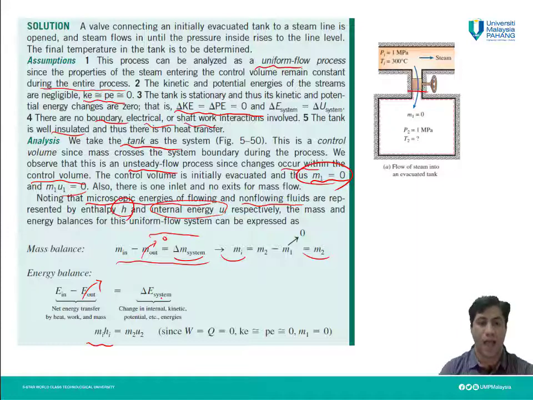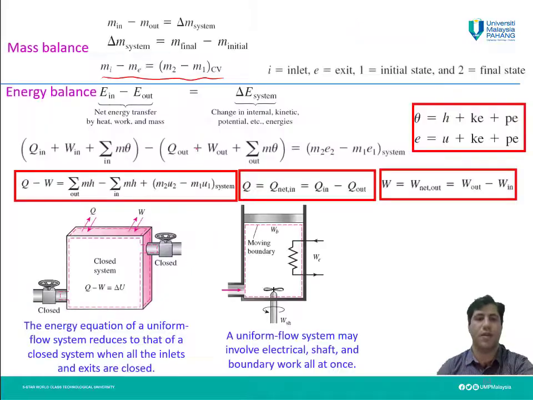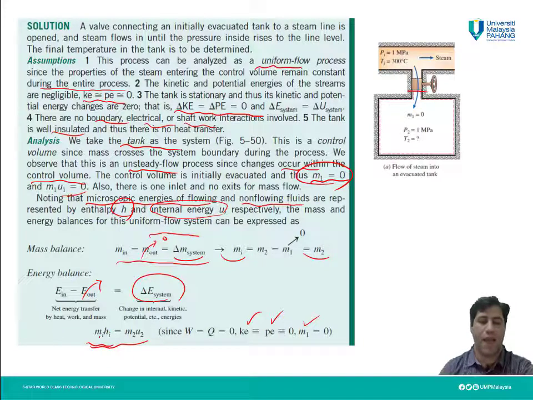For delta E of the system, we don't have any kinetic and potential energy changes, and also as m1 is equal to 0, the change in delta E of the system, if you remember, is given by this equation. We use this equation for our system here. Then here we have only mi hi as E in to the system.